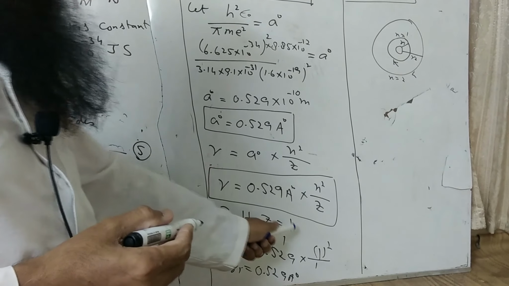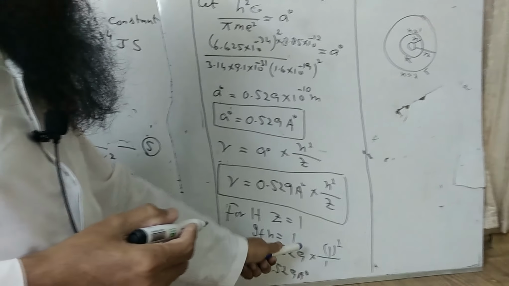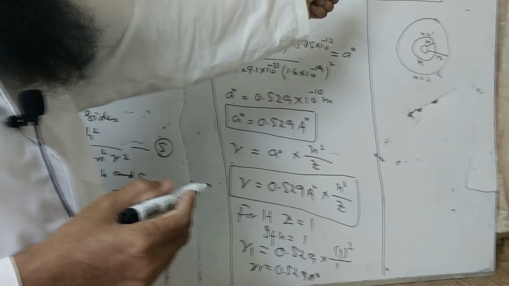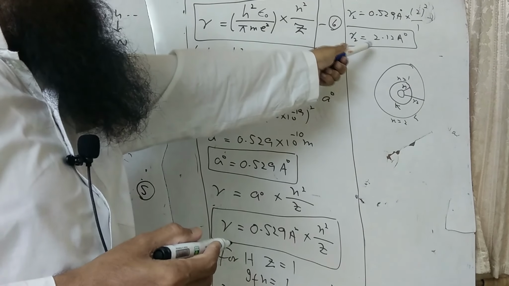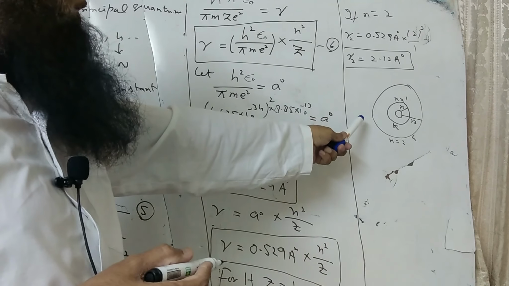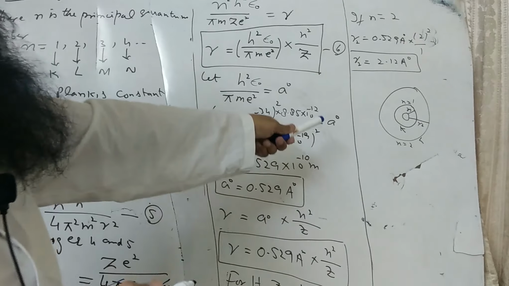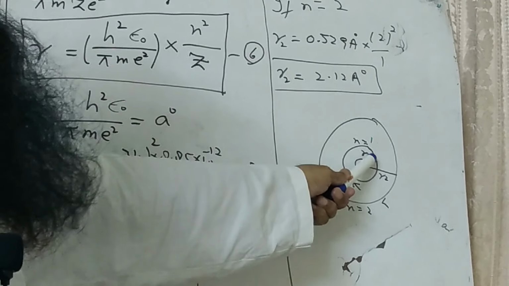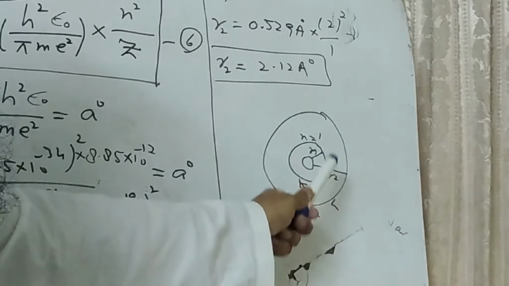For example, for hydrogen it is 1. So n equal to 1 gives the first radius, and similarly n equal to 2 gives the second radius. So this is about the atomic radius: by increasing the shell, the radius is increased. R1 is the smaller one, this is R2, this is the K shell and L shell.